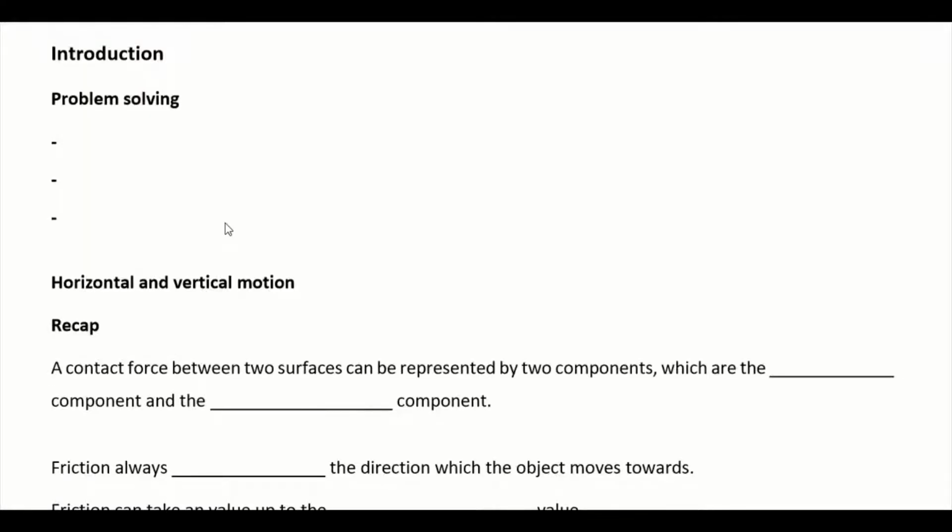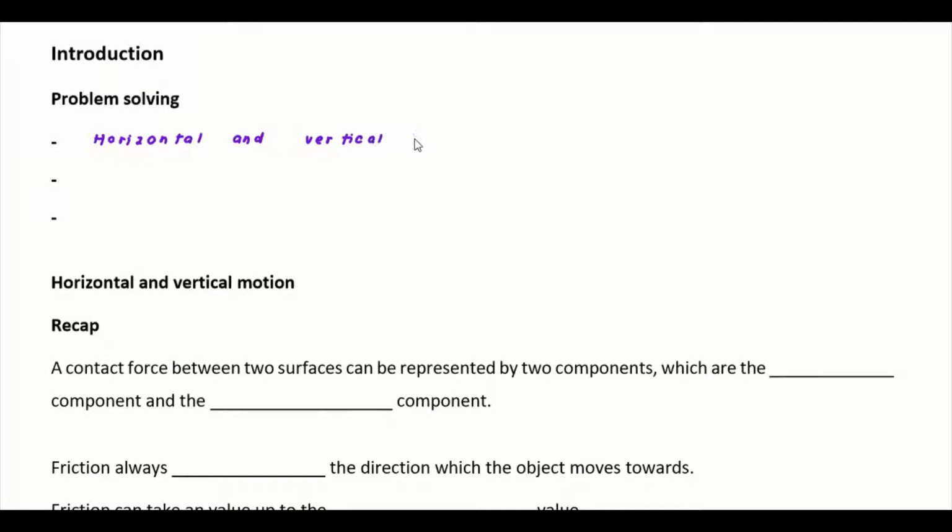This is to give you a rough idea of the type of question that you are going to encounter here. I categorize them into three general parts. The first one is horizontal and vertical motion, which is also the first type of situation that we discussed in the first lesson for this topic.